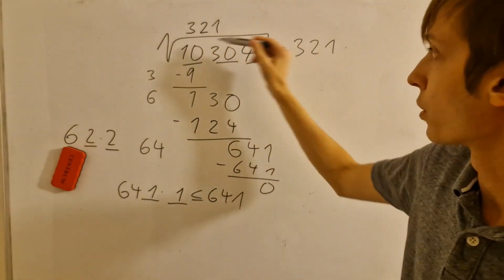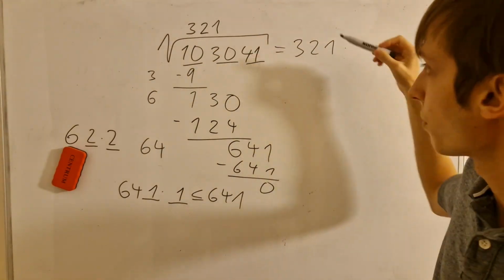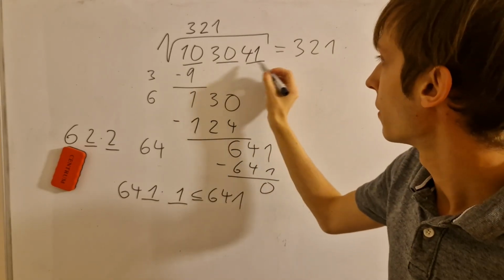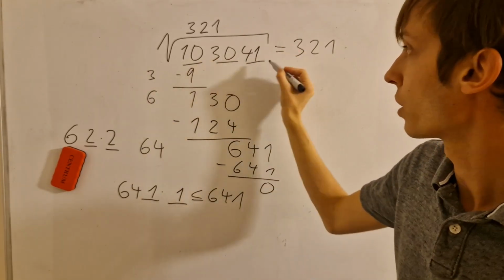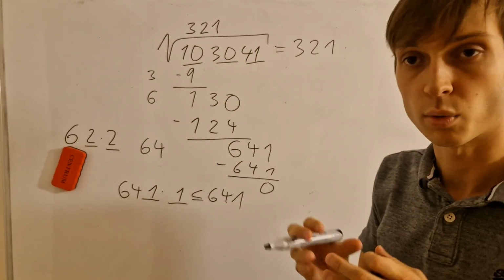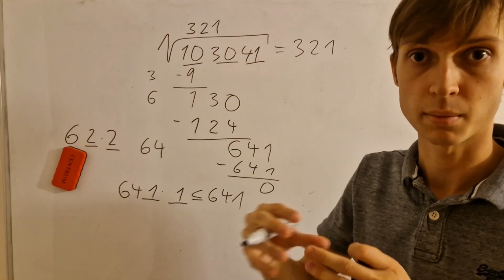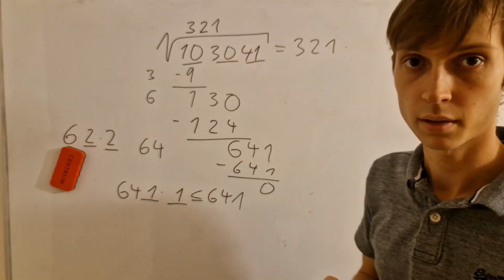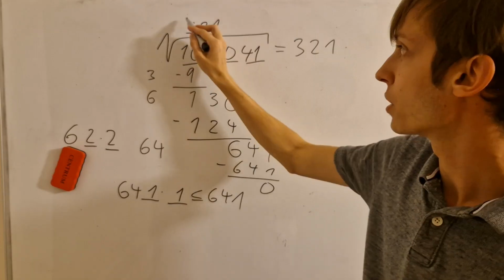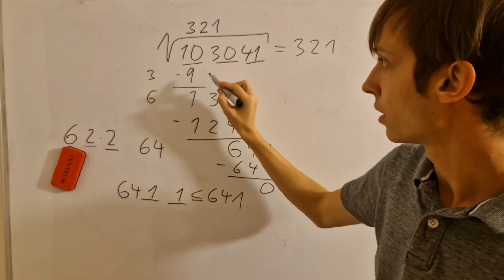Take the argument of the root, go from the right side, underscore the pairs going from the right. Take the first pair, find what number taken to the second power is the biggest one that's still smaller than the 10. That's 3. Write it up here, that's going to be the first number of the result.